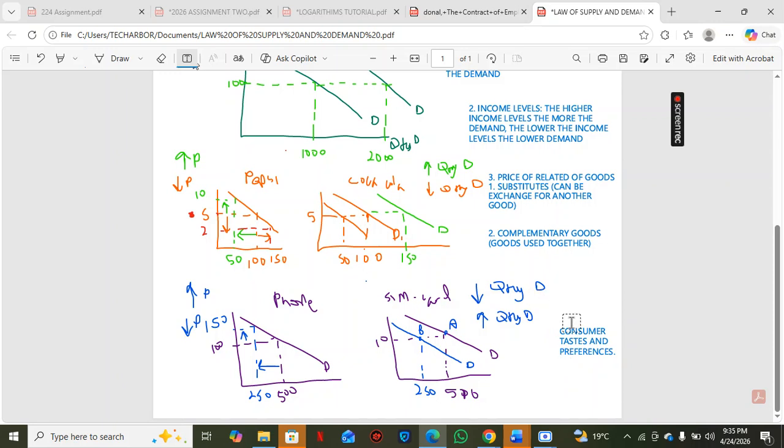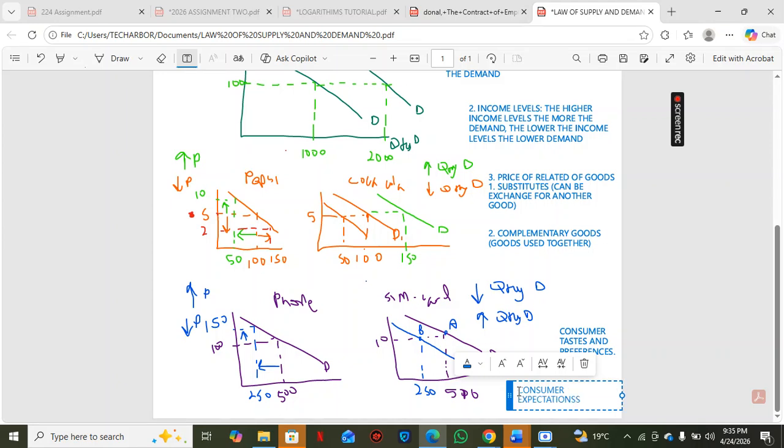And then also consumer expectations. If we expect prices to increase, we buy more of the good now when it's cheaper, so demand grows.